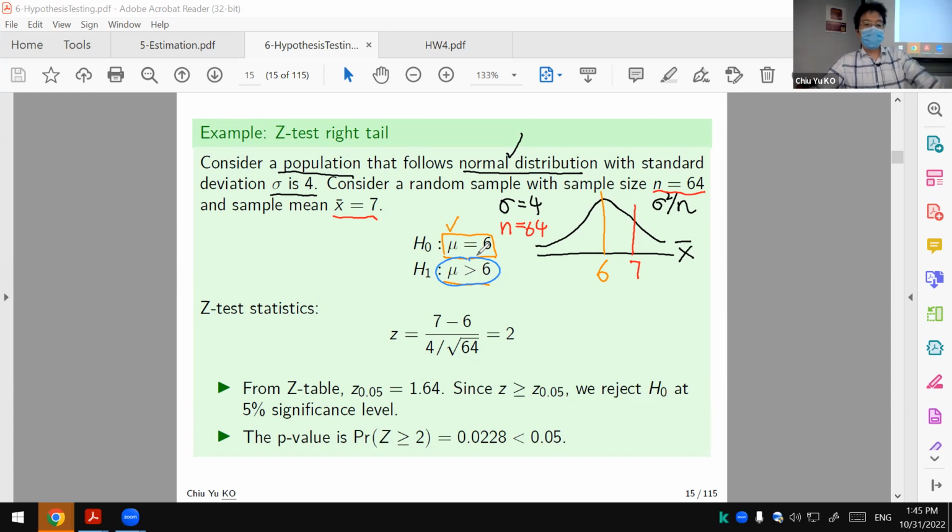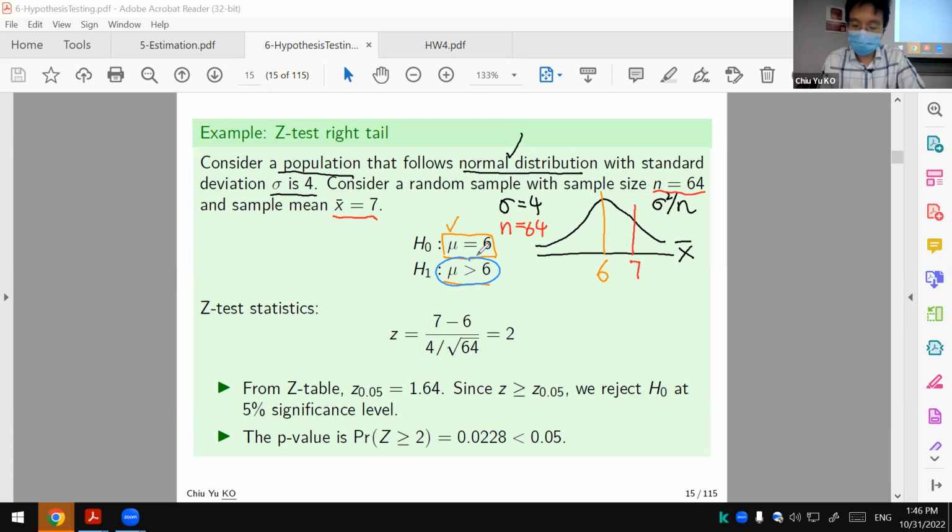But now it's 7, so okay. Let's try to analyze whether the distance between 6 and 7 is large enough to say that the null is wrong, that it's not supported by data.